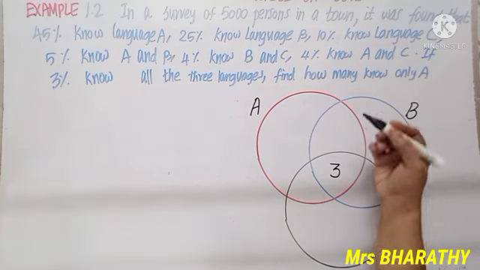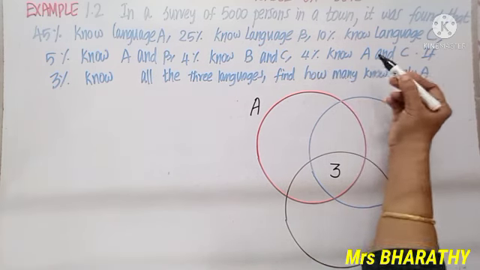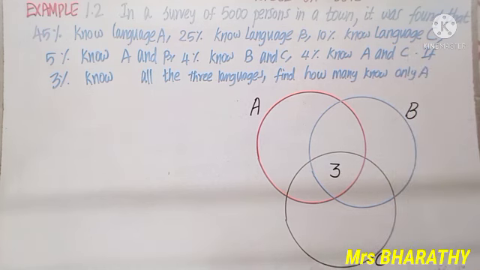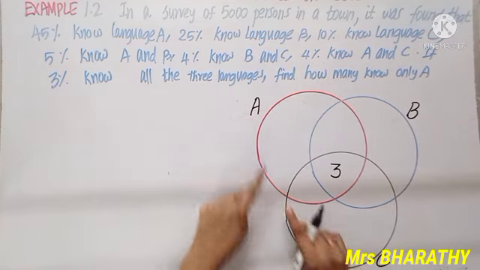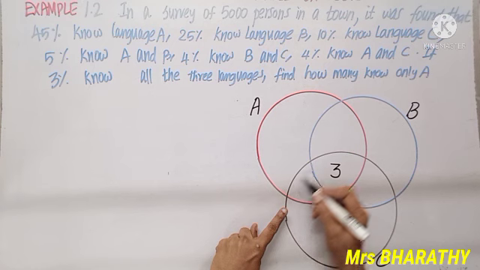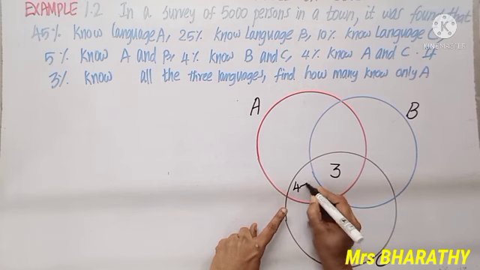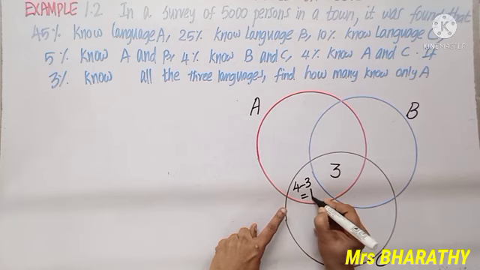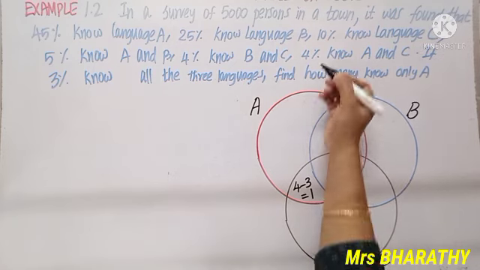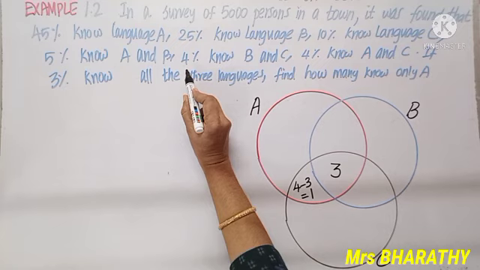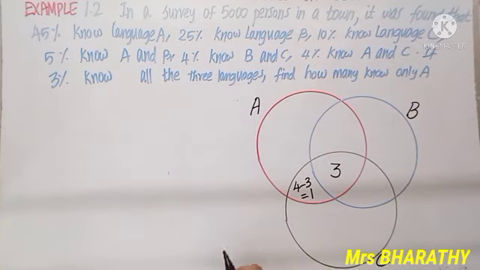Following the previous line, 4 knows A and C. So we are in A and C, this full part. In the full part, this is 3. So this will be 4 minus 3, that is 1. And proceeding, 4% know B and C. So this is the B and C portion, but I do not want this.